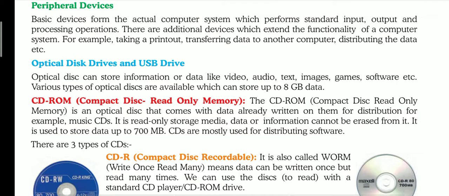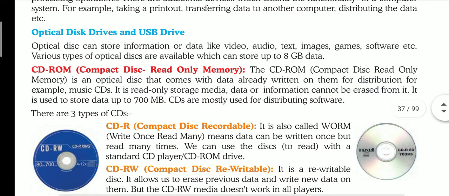For example, music CD. It is read-only storage media. Data or information cannot be erased from CD-ROM. It is used to store data up to 700 MB. CDs are mostly used for distributing software.